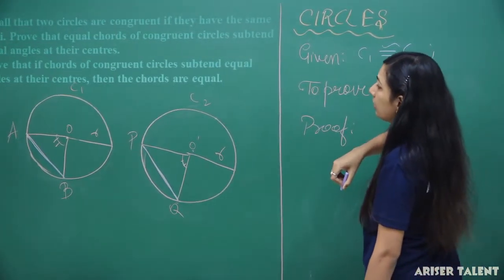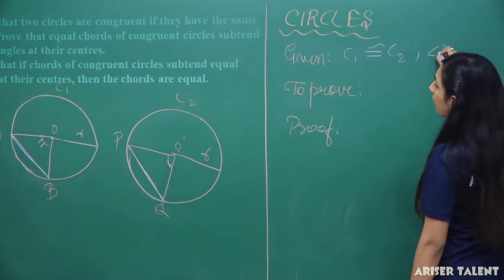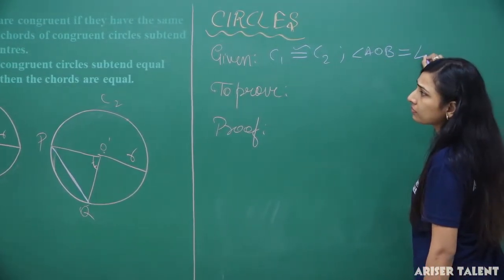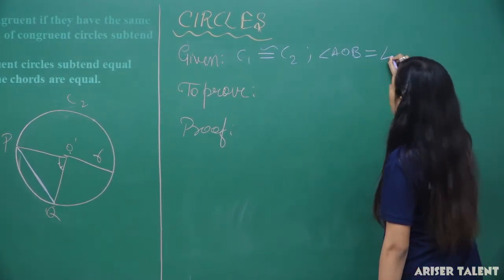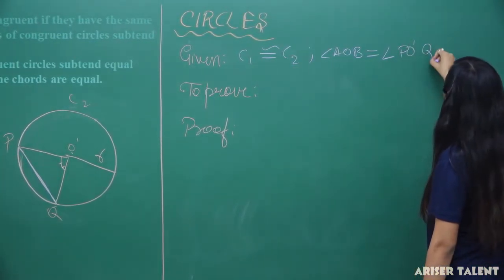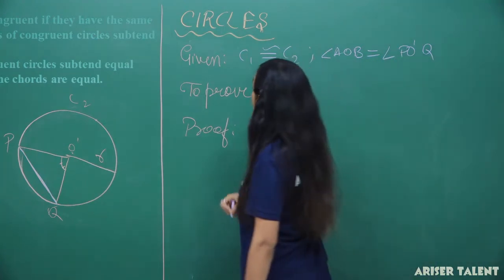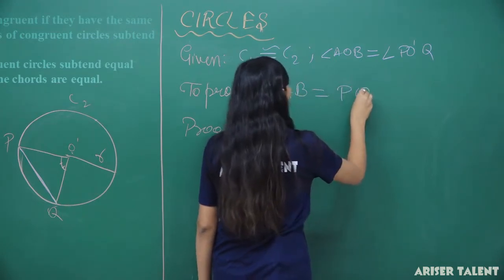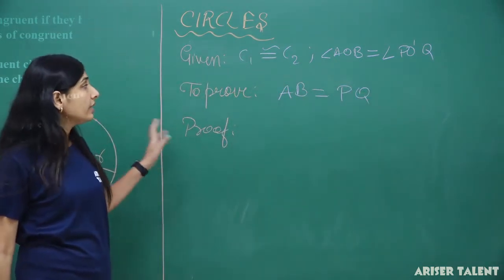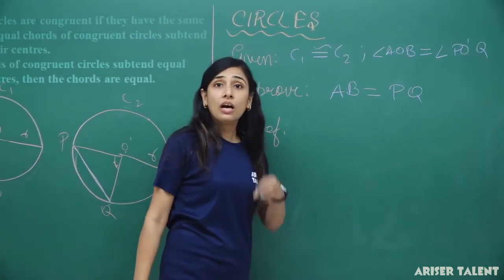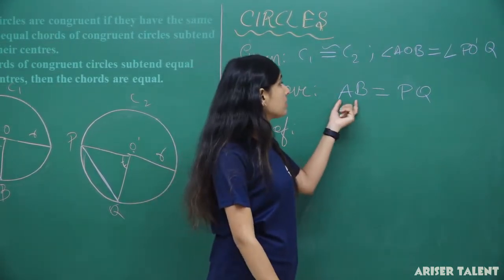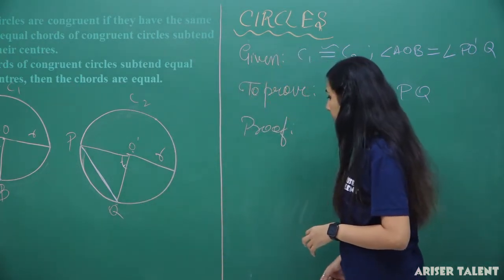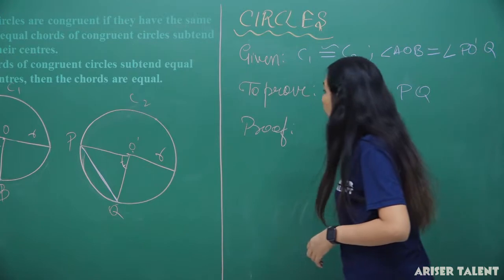We have also given that angle AOB is equal to angle PO dash Q. This is given. Okay, and we have to prove that AB equals PQ. What I have told you, simply you have to prove that these two triangles are congruent. After the congruency, you have to just pick this from the congruent triangles. This is a so simple trick. Okay, so do the same about the proof.